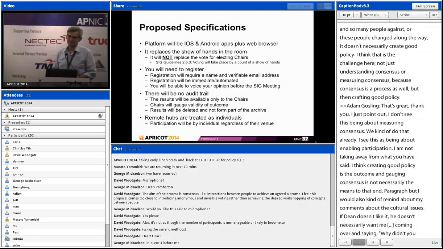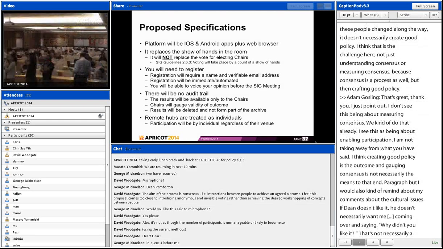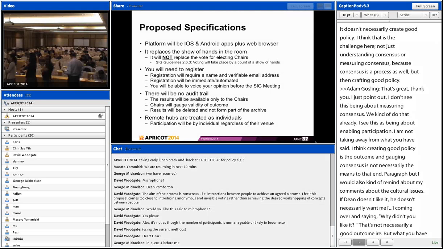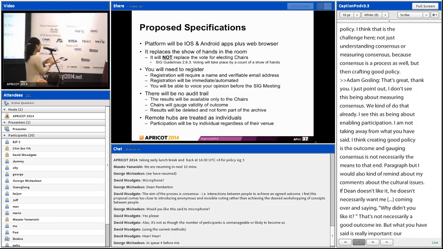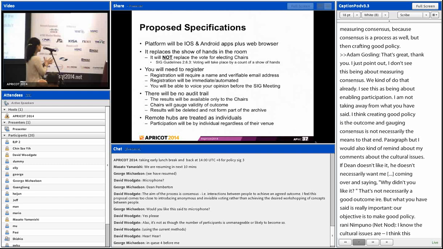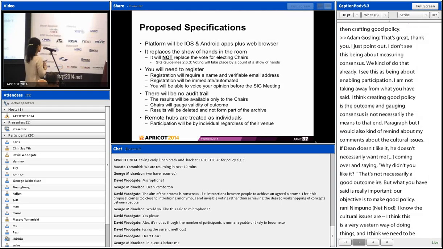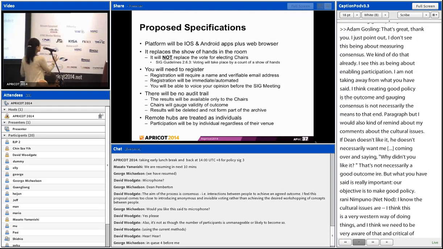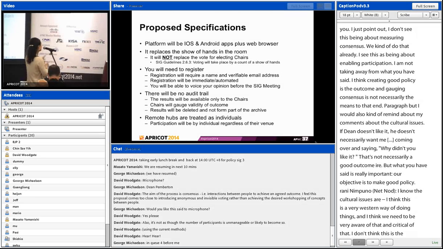Yeah, and I know that the cultural issues are, I think this is actually a very Western way of doing things, and I think we need to be very aware of that and critical of that. I don't think this is the only way. But the other thing that concerns me a little bit is that it's a lot easier to just say, no, I don't like that, without being constructive.